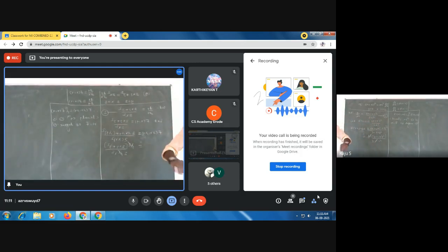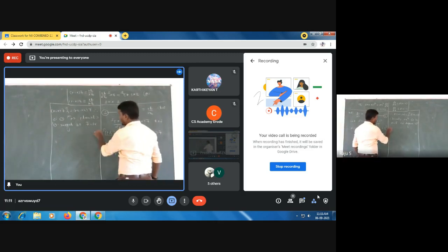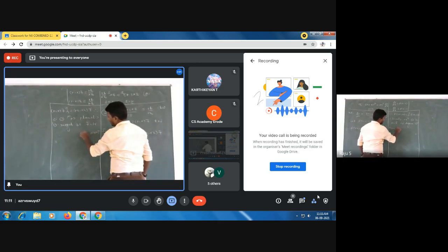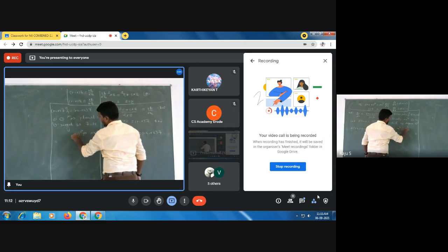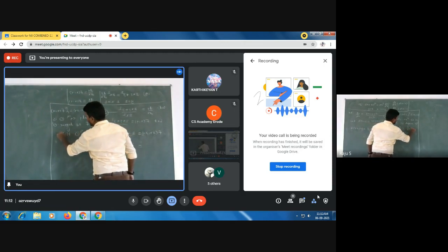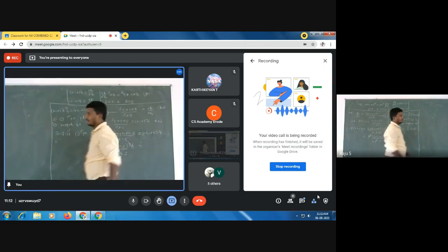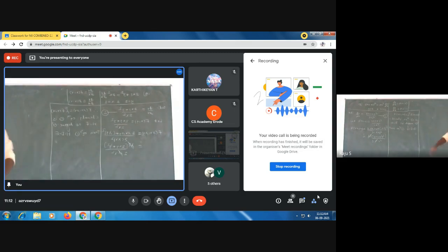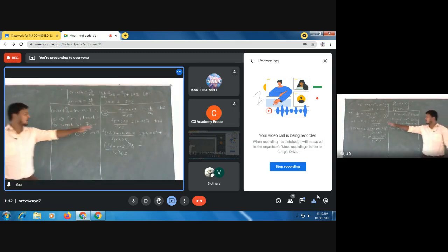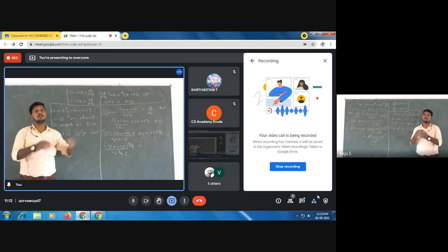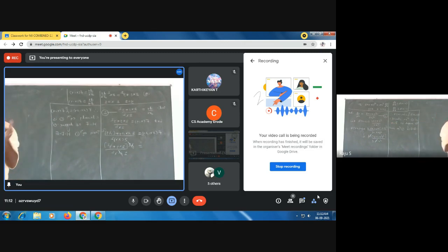We can write the steps like this. Whenever the degree is 0, the equation is a homogeneous differential equation. That's it. Given the equation is homogeneous, we can go for substitution.